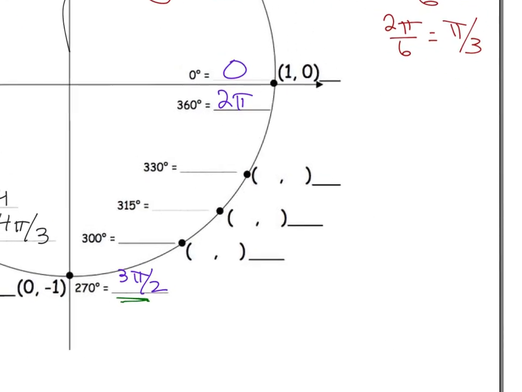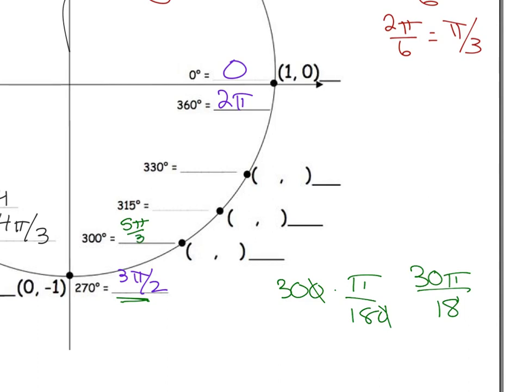So if I take 300 times pi over 180, it just becomes a matter of simplifying, like 30 pi over 18. Both of those can be divided by 3, and actually both can be divided by 6. So this becomes 5 pi over 3. Remember, I'm approaching 2 pi.